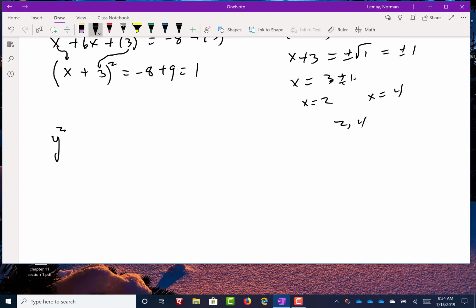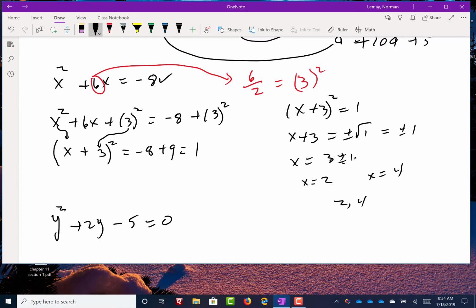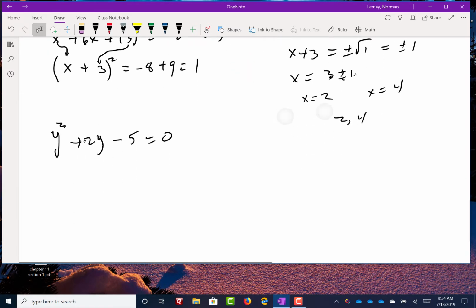y squared plus 2y minus 5 equals 0. All right, so in this case, notice that this is not in this form right here, but notice we can transform this into this form right here by just adding 5 to both sides. So note here we get y squared plus 2y is equal to 5.